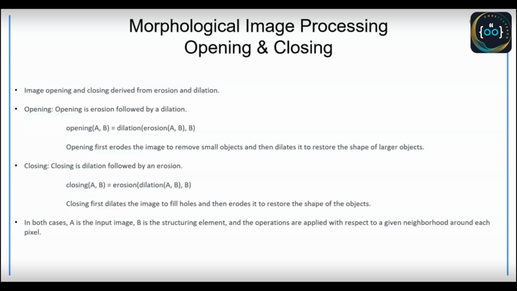In both cases, A is the input image, B is the structuring element, and the operations are applied with respect to a given neighborhood around each pixel. It is important to note that the results of opening and closing operations are dependent on the shape and size of the structuring element used.